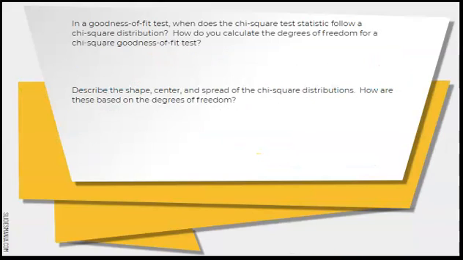In a goodness of fit test, when does the chi-squared statistic follow a chi-squared distribution? And how do you calculate degrees of freedom for this test? Well, the chi-squared distribution is actually a right-skewed distribution, and I'll show you a picture of it on the next slide. But in order to follow that distribution, it has to have expected counts greater than or equal to 5.